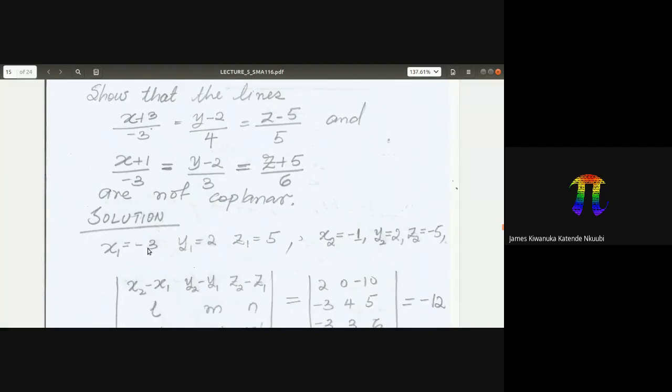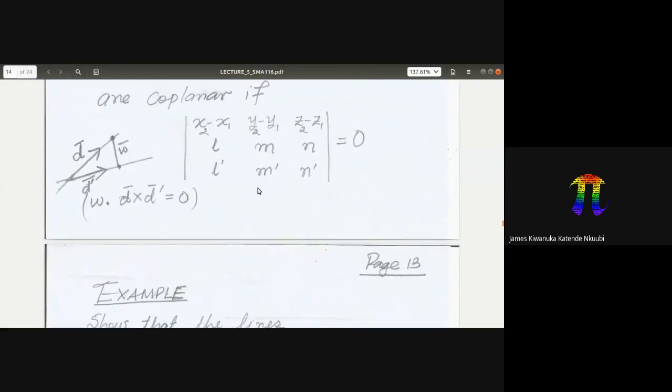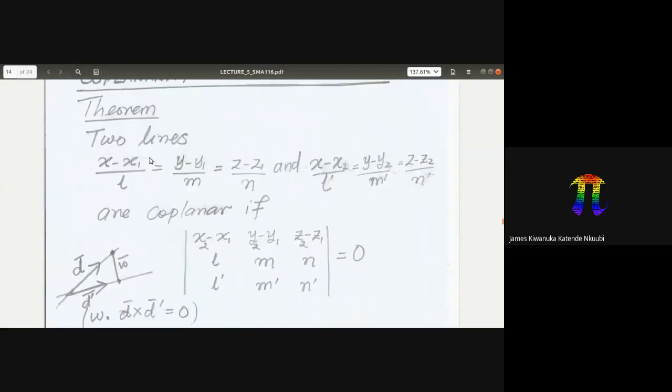So this point, -3, 2, and 5 should be on this line, right? And this other point as well, -1, 2, and -5 should be.